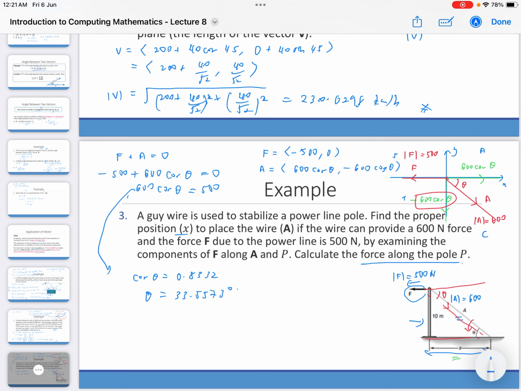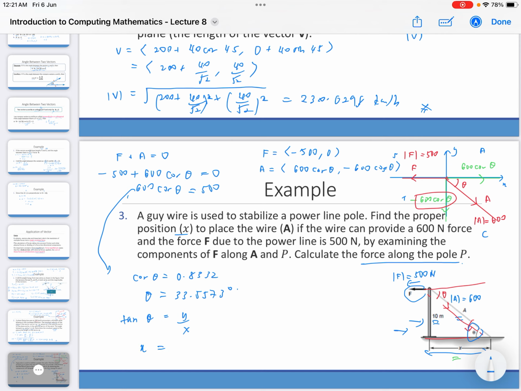Once we have this theta, we can use it to find the value of x. If you still remember the trigonometry, we have this formula for tangent: tangent theta equals y over x. If you look at this figure, we already have the y value, which is 10 meters, and we want to find x. We also have theta here.